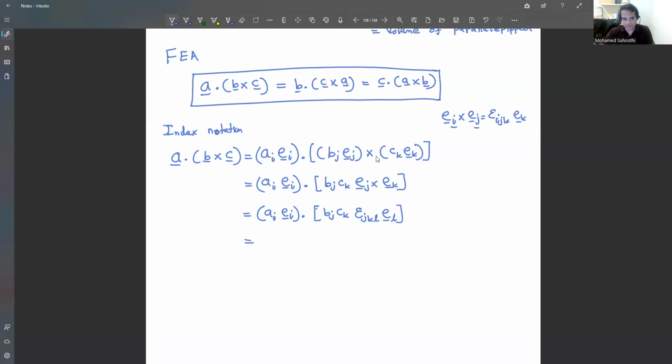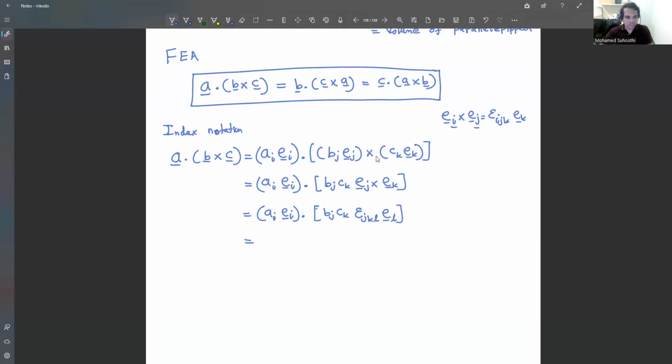Now everything is done, right? So now let's do the dot product. For the dot product, first I take the scalars, everything the same. Epsilon_jkl is again a scalar because you know the values are -1, +1 or 0, right?